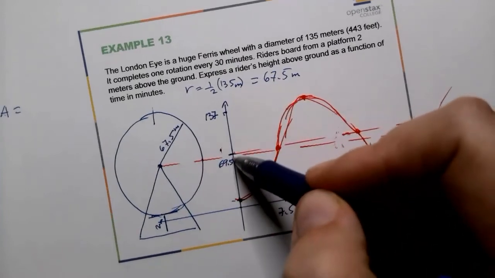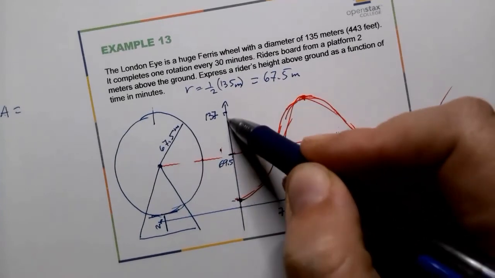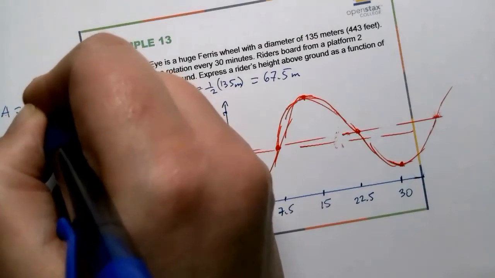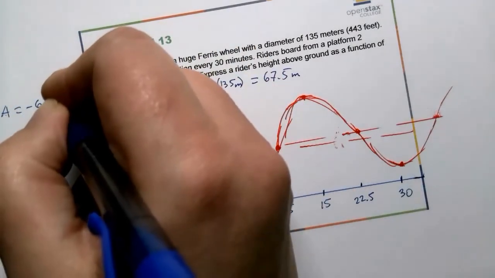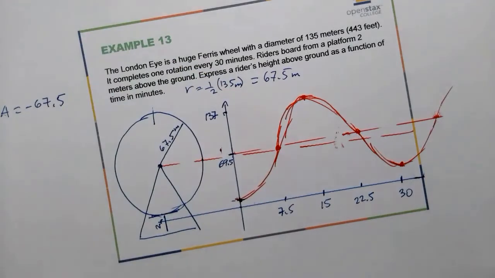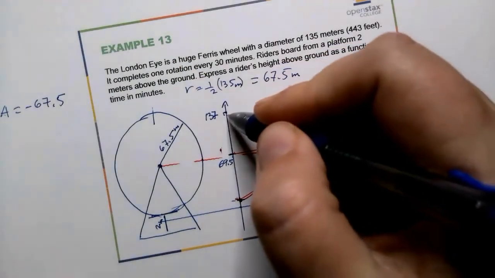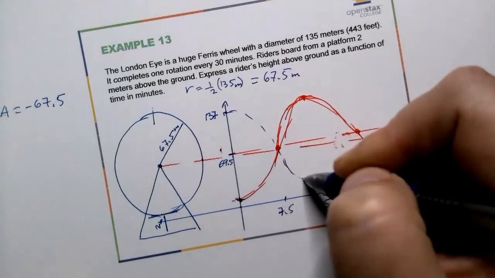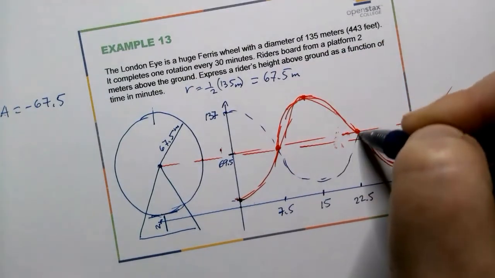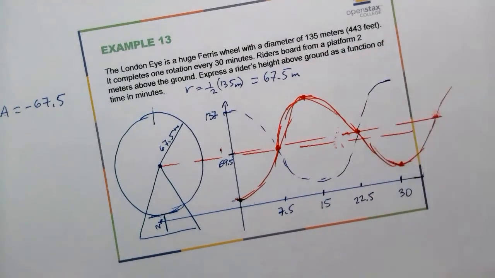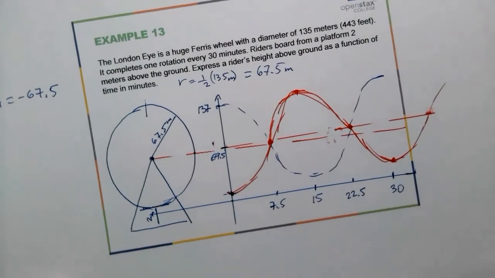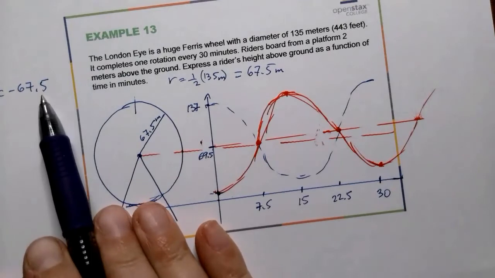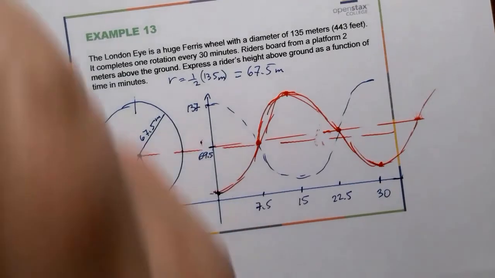So it goes 67.5 down and 67.5 up. I'm going to use negative just because I'm going to use this cosine function right here, and flip it over. So this cosine function has an amplitude of 67.5, but it's flipped, so it's negative.